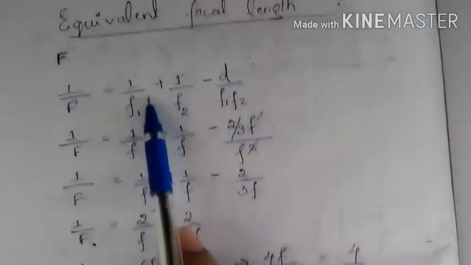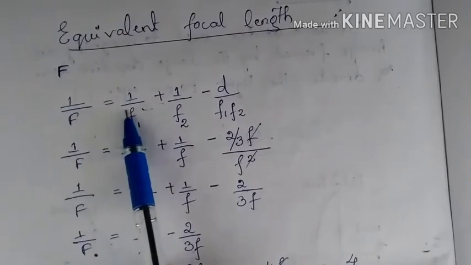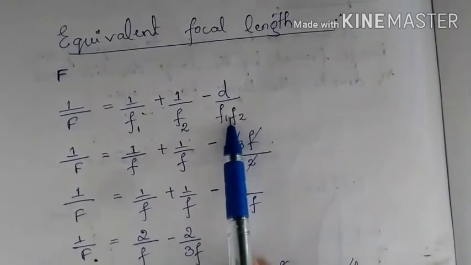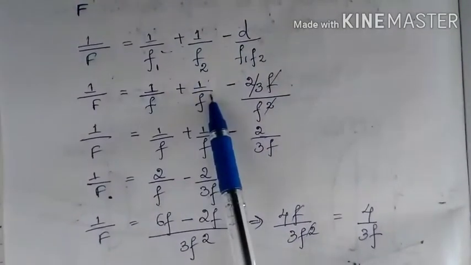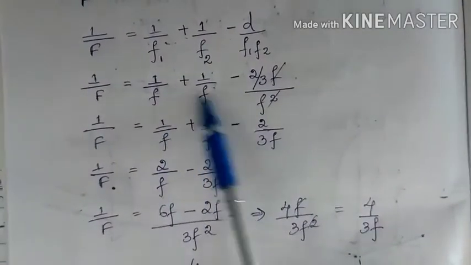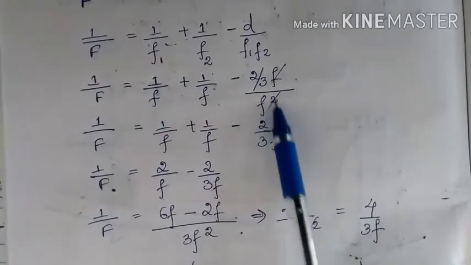So how did we do that? We used the equation for the equivalent focal length, that is 1 by F is equal to 1 by F1 plus 1 by F2 minus D by F1 F2. So substituting the focal length for the two lenses, which is the same, f and f: 1 by f plus 1 by f minus 2 by 3f divided by f square.